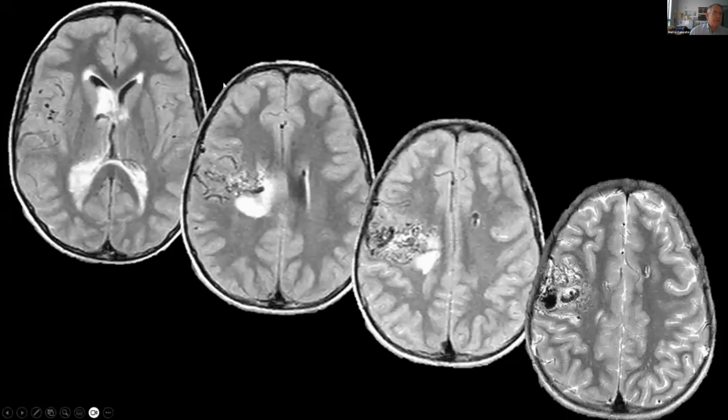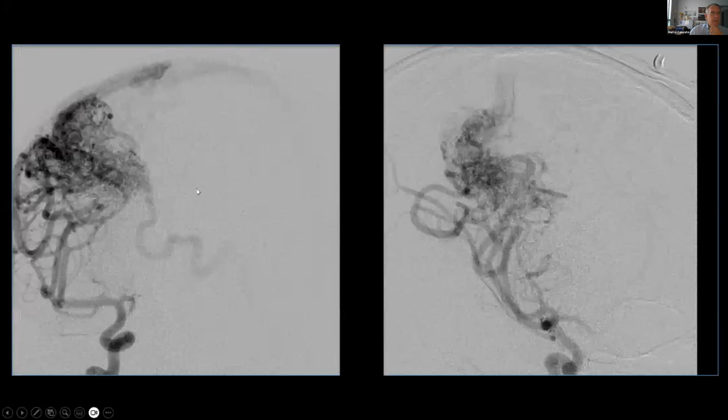This is an example. This is a diffuse AVM of a child that had bled, and this is the AVM, but you see that the margins, the contour of the AVM, is not very neat. The AVM is somehow foggy on the peripheral side. And so this makes it difficult to understand where the nidus finishes.